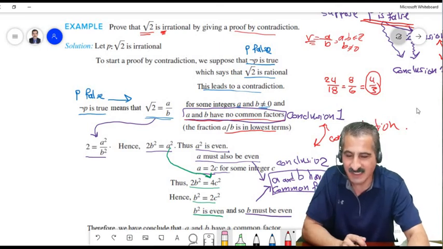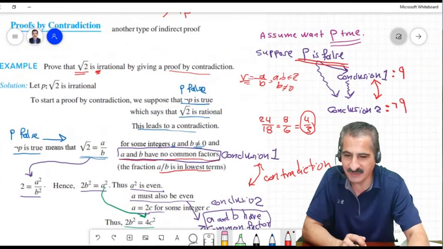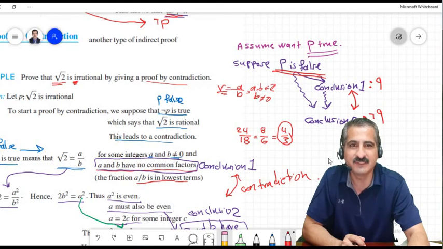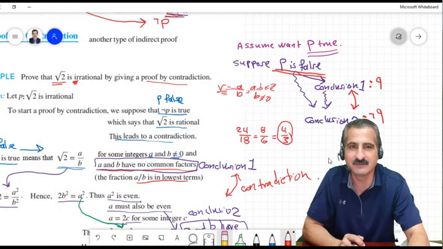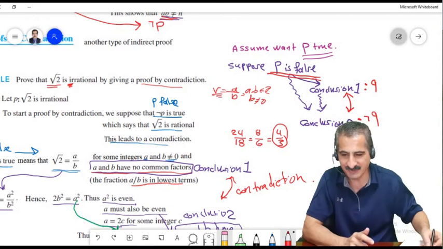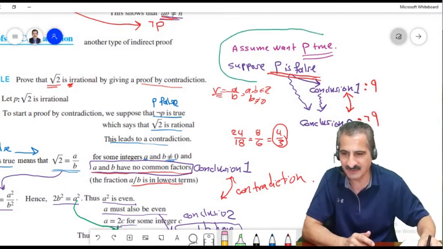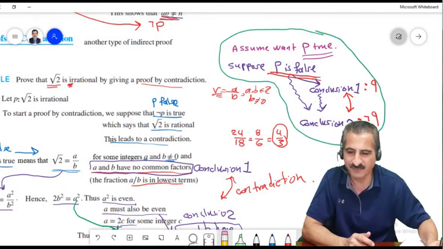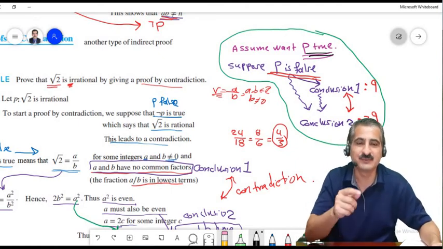Again, it is usually difficult for students to understand what we mean by proof by contradiction, but this diagram here gives you an idea. So let me circle it with red. Again, if you want to prove that some statement is true, we assume it is false.